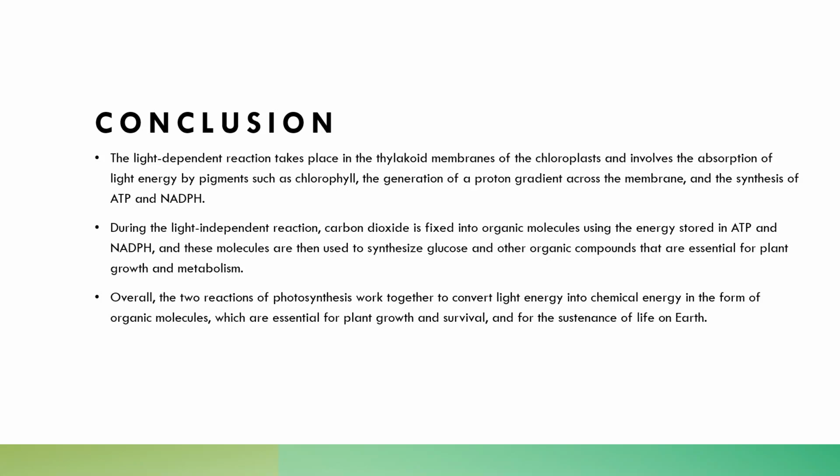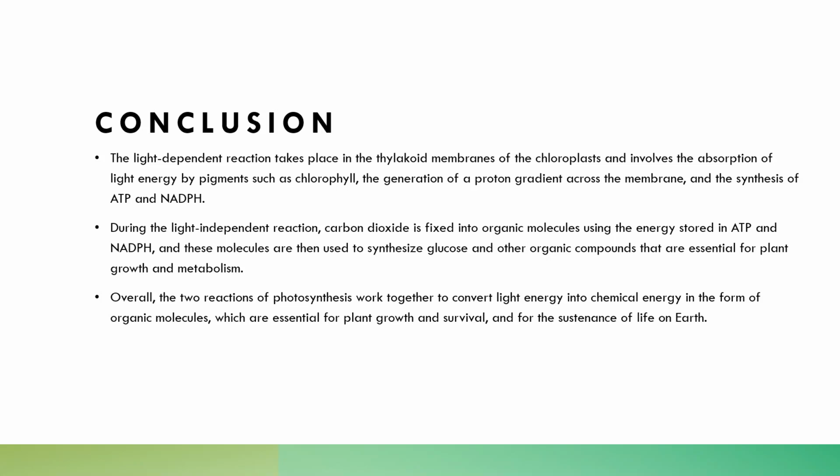Photosynthesis is a complex process by which plants and other photosynthetic organisms convert light energy from the sun into chemical energy in the form of organic molecules. The process of photosynthesis can be divided into two main stages: the light-dependent reaction and the light-independent reaction, also known as the Calvin cycle.